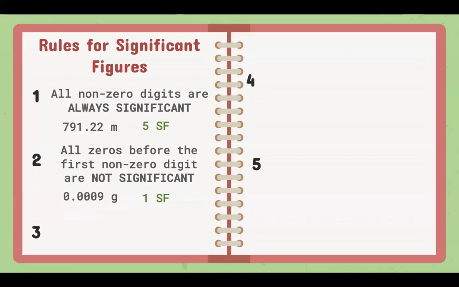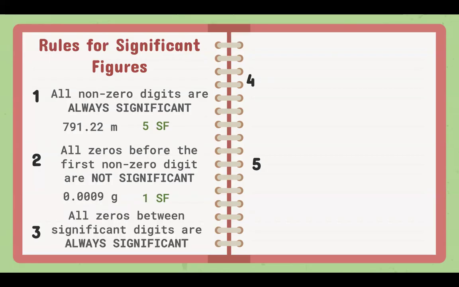All right? Next, rule number 3: all zeros between significant digits are always significant. In a case where we have zeros in between, like a sandwich, we can consider them significant. For example, in the measurement 0.005005 meters, how many significant figures do we have?